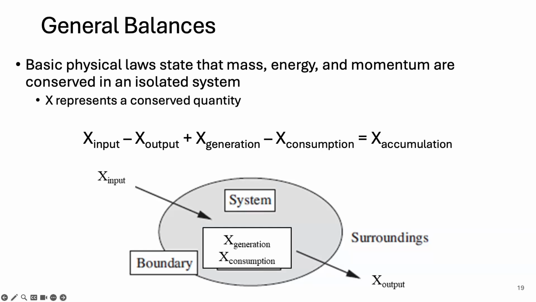It can only change states, for example. The same would go for energy. So if we think about an isolated system as we've depicted here, we can have material X flowing in. We can have material X flowing out. It may be generated inside the system. It may be consumed inside the system. But the balance of those, whichever terms are involved, would then be equal to how much is accumulating within the system.